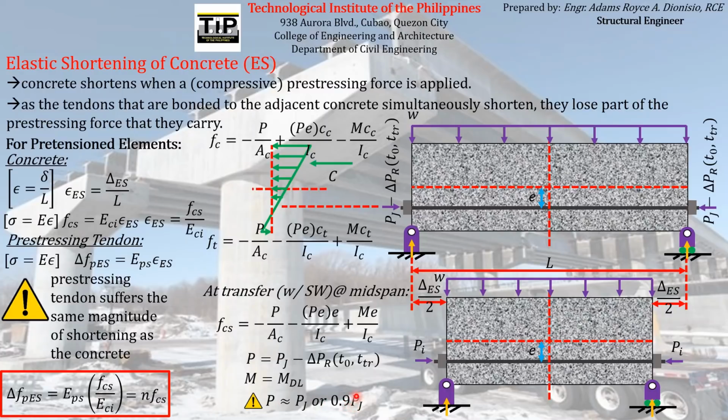So we can assume this if we don't specifically know the magnitude of this particular loss, which is the relaxation of the pre-stressing reinforcement. So that is how you can compute the magnitude of the pre-stress loss due to the elastic shortening of concrete.